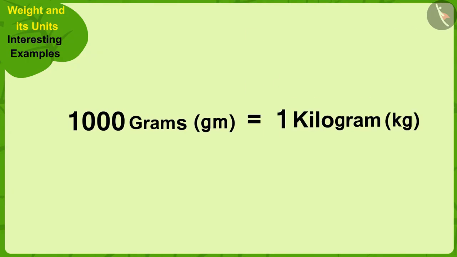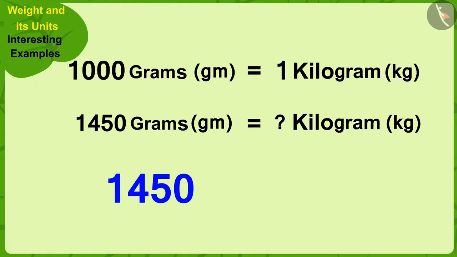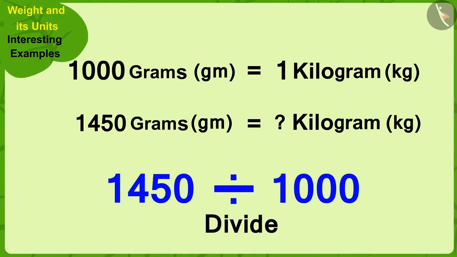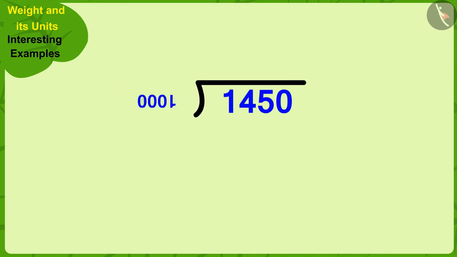1000 grams is equal to 1 kilogram. So, to find out how many kilograms is equal to 1450 grams, we only have to divide 1450 by 1000. We can divide 1450 by 1000 in this way.